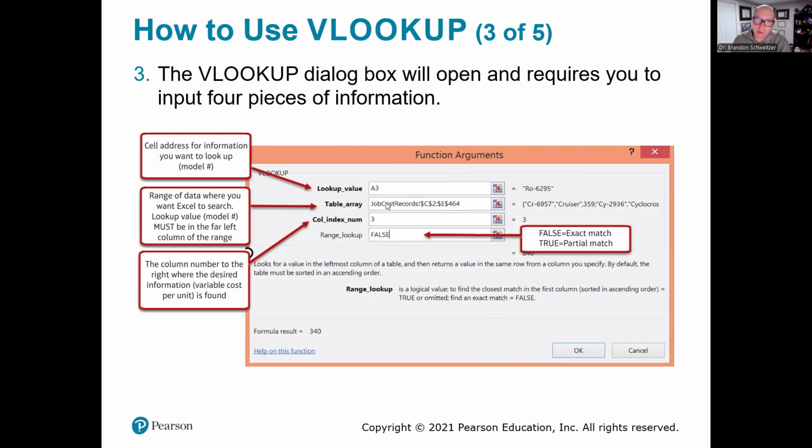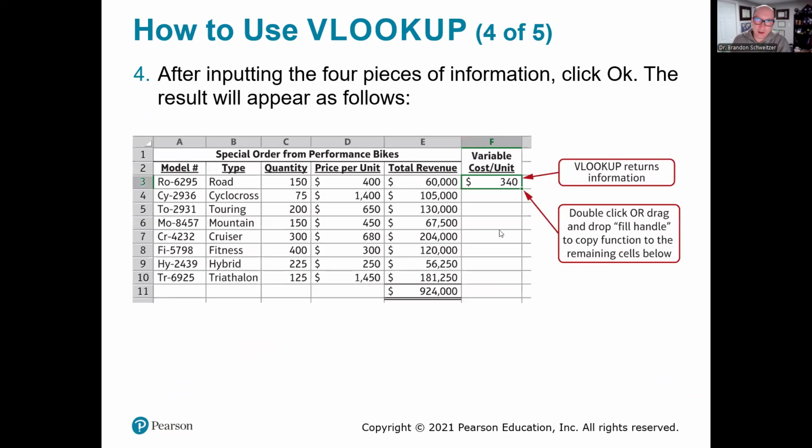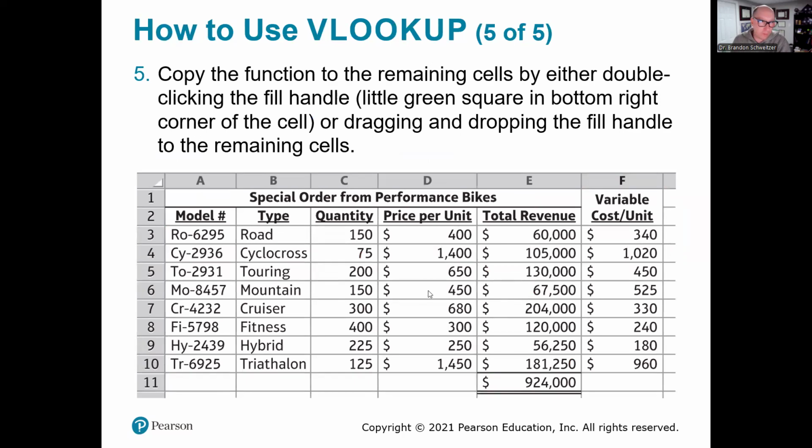That is the lookup value and the table array, which is the range of cells, and then OK. The information goes in, and then we can drag down to fill out the form. So that is VLOOKUP. I would also recommend that you use Microsoft Copilot as an AI tool that is very good in this area as well.